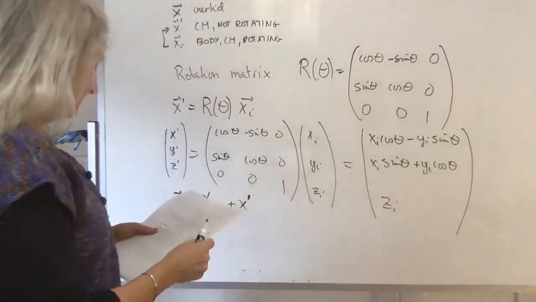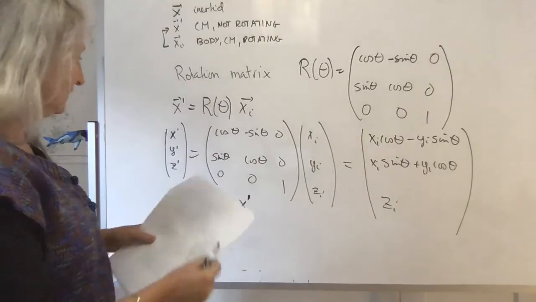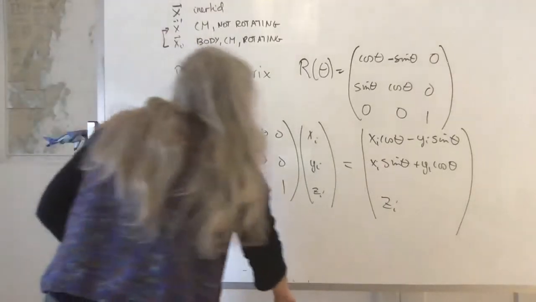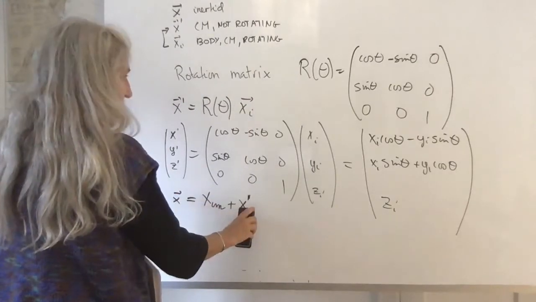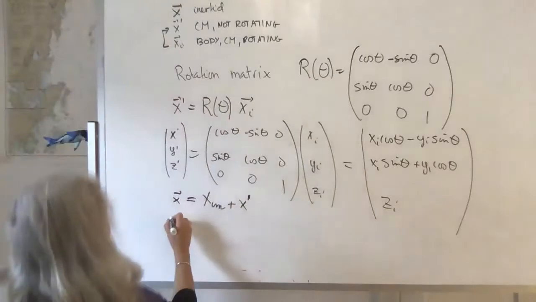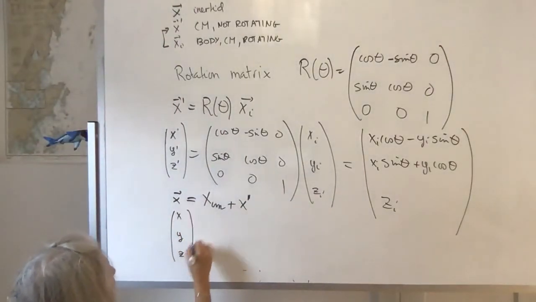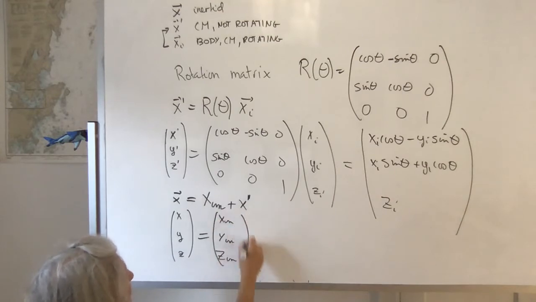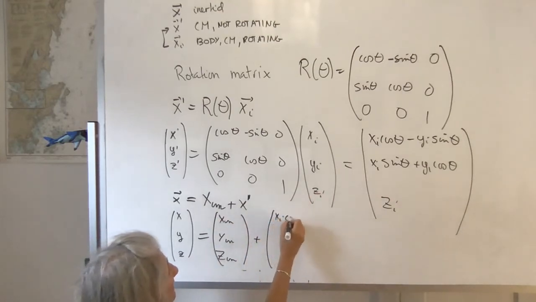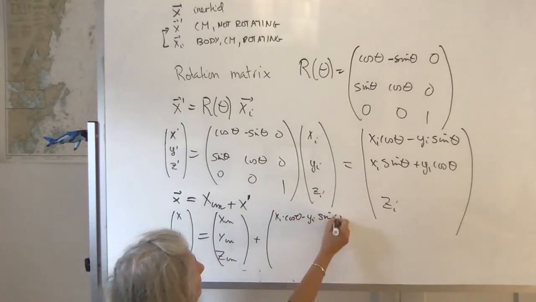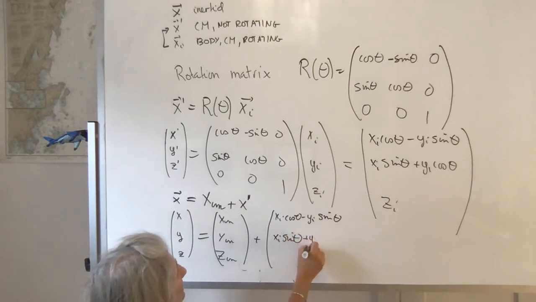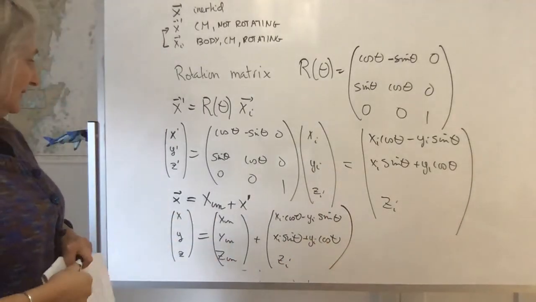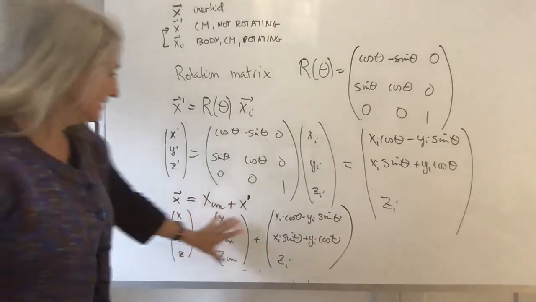I'll write this out: x, y, z is going to be x center of mass, y center of mass, z center of mass, plus this thing: xi cosine theta minus yi sine theta, xi sine theta plus yi cosine theta, zi. And that's our coordinate system.